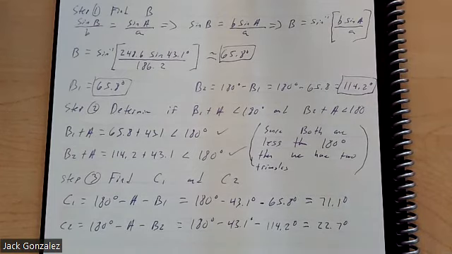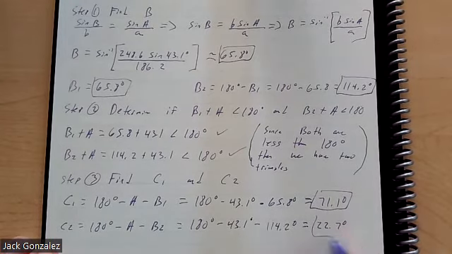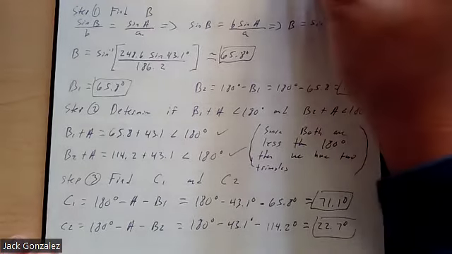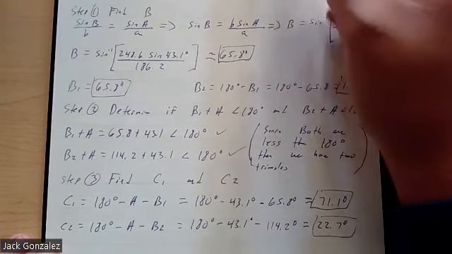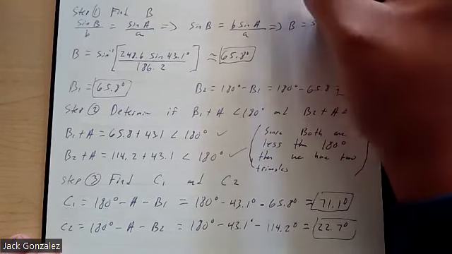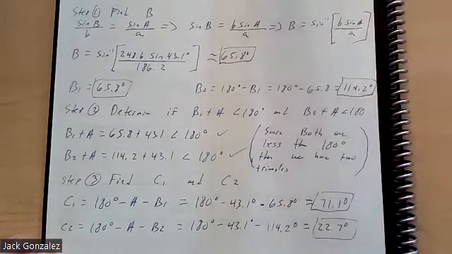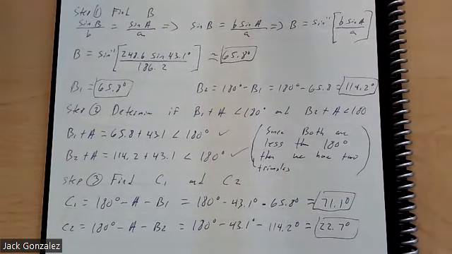You guys still with me? I know this one's a long one. Does it make sense? All the steps still okay? 71.1, 22.7. Okay. All right then. And then on the next page, we're going to find c1 and c2.